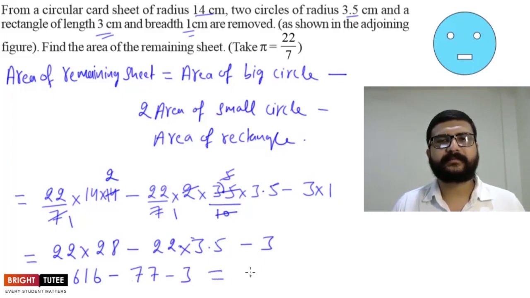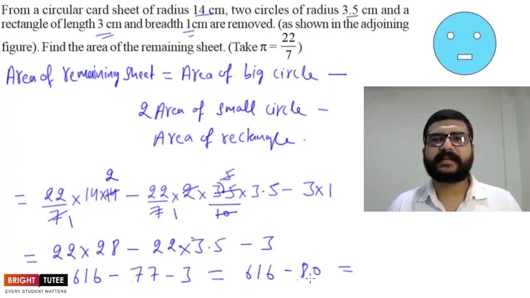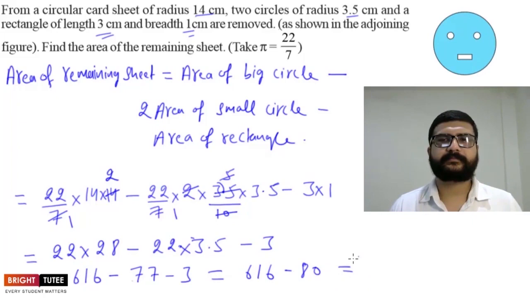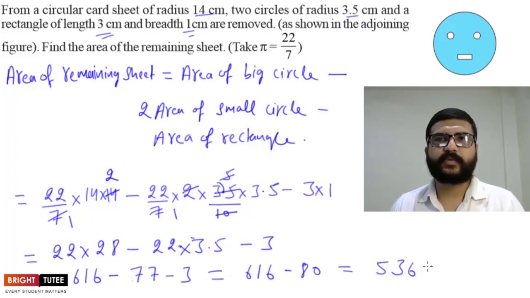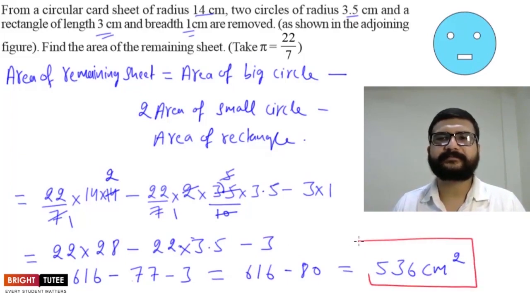Now this is 616 minus 77 minus 3 and that will be minus 80. Now 616 minus 80, what you will get from here? So it will be equal to 536 square centimeters. So this is the remaining area or area of the remaining sheet.